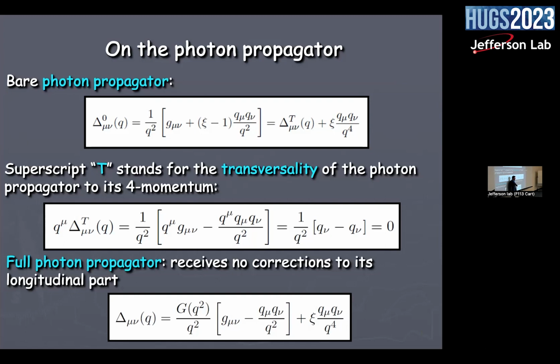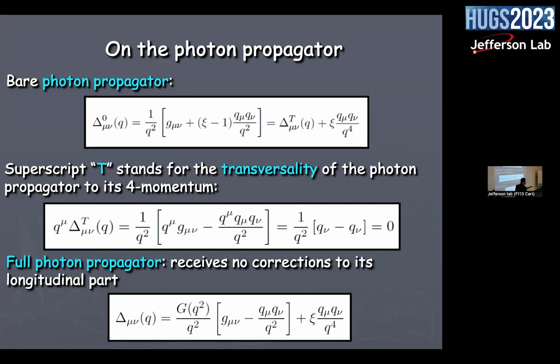Ward identities protect the longitudinal part, and I have already told you that Ward identities are non-perturbative in nature. So perturbatively or non-perturbatively, this is never going to get modified. Okay, in QED.